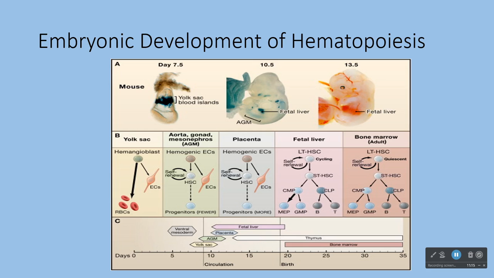And those are the things we're going to talk about today. We're going to talk about the bone marrow, the liver, the spleen, and the thymus gland. Those are the four major hematopoietic tissues that we're going to talk about. Does that make sense?